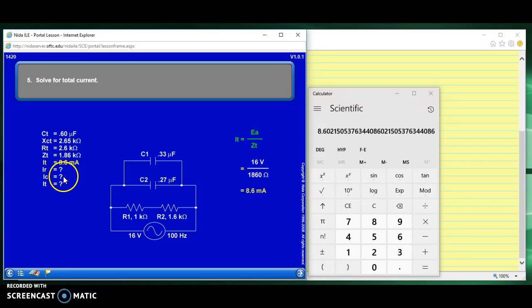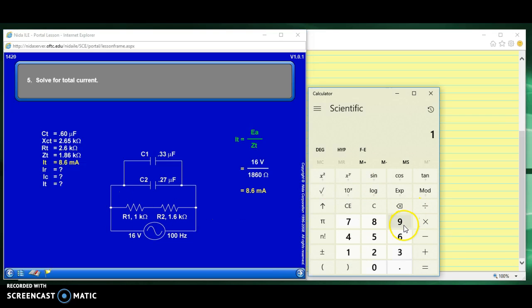Now we also need I sub R, I sub C, and I sub T. We've already got IT one way, but it's wanting us to use the IT formula the other way, the square root of IR squared plus IC squared. Let's do the IR first. It's just a matter of adding these two resistors and dividing into 16 volts.